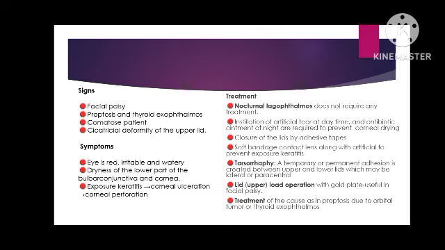Exposure keratitis, corneal ulceration, and corneal perforation can occur. The eye is seen red, irritable and watery. There may be dryness of the cornea and bulbar conjunctiva, mostly in the lower part, with exposure keratitis, corneal ulceration, and corneal perforation.